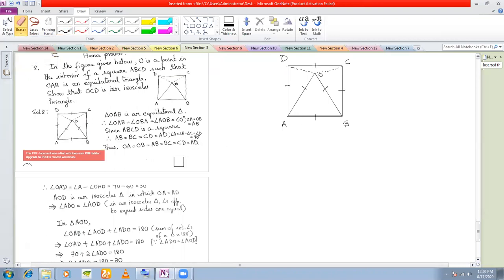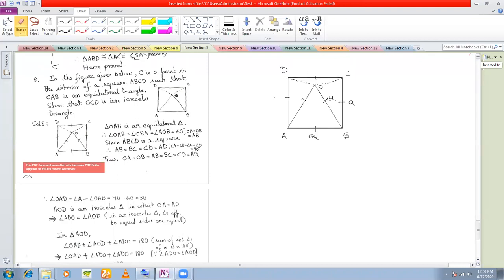If I take this to be A, this is A, this is A, this is A. And since this is an equilateral triangle, this has to be A and this has to be A. So all the sides are equal, the sides of the triangle and the sides of the square.